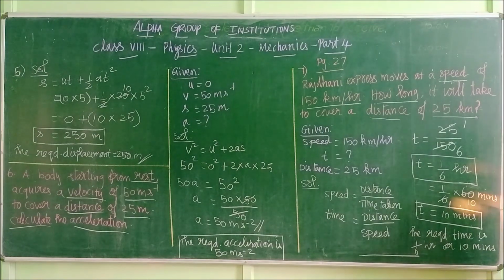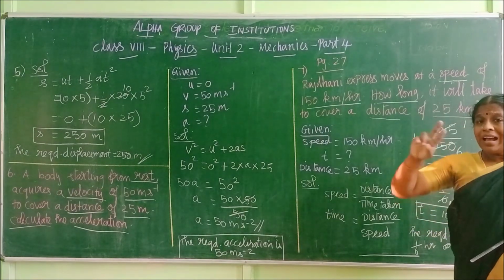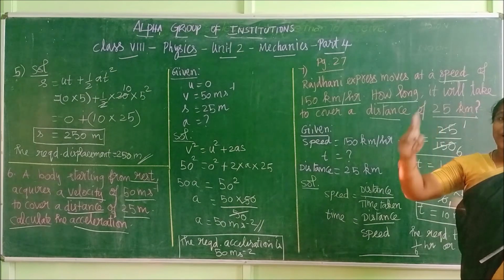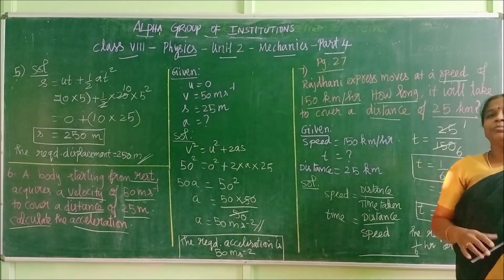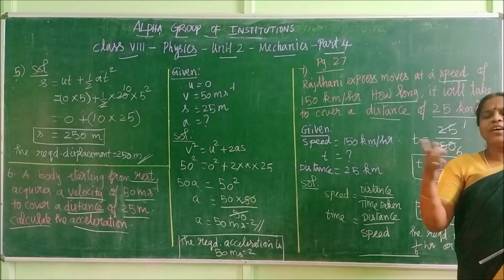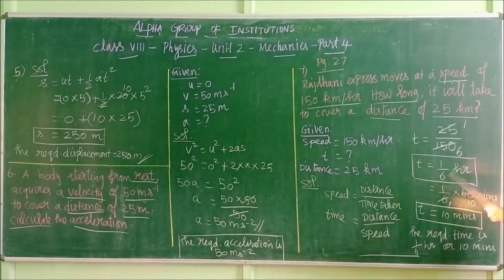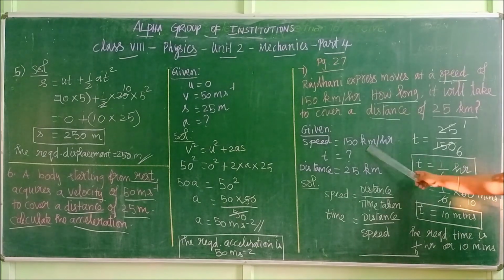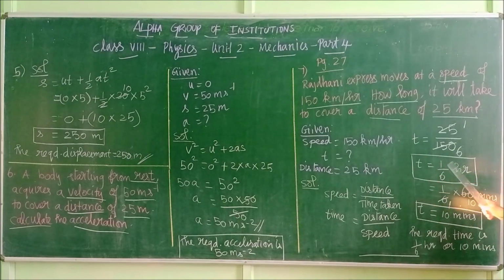How can you calculate? 25 into 4 is 100, another 2 25s, so 5, 6. So just like that arithmetic calculation you need to do. Otherwise multiply and see. 25 into 6 is 150. So 1 by 6 of an hour, because everything is in kilometer per hour. So 1 by 6 of an hour.